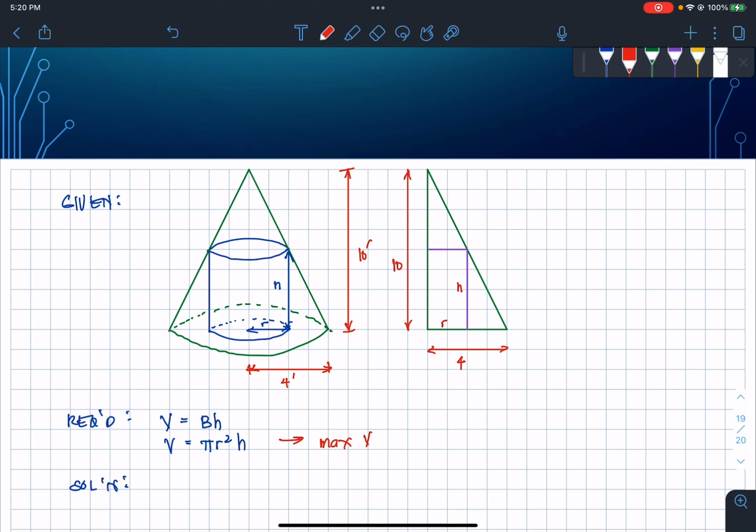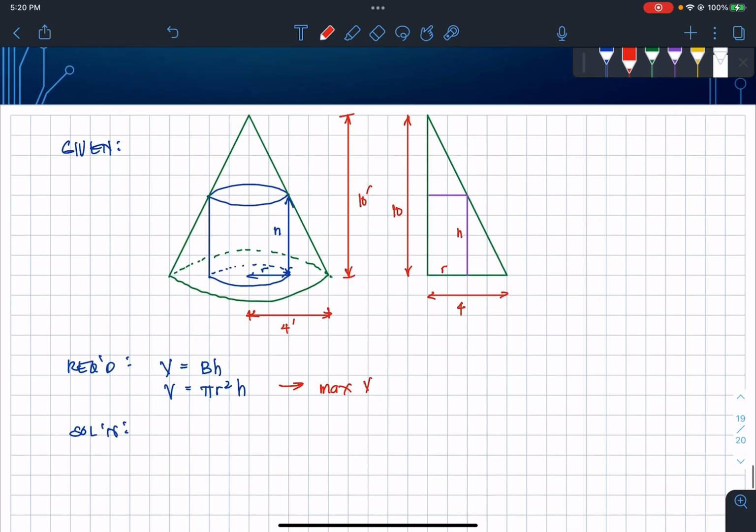So we can get, okay, so H or R. So in terms of H, so as to find what's the value of H. So from here, so we can get that. So ano yung similar triangle natin yan? So similar triangle natin, the bigger triangle, which is 10 and 4. And then the smaller triangle is this one. So yung yellow.